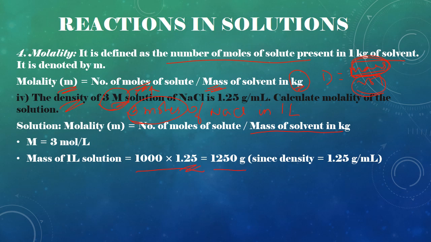So we know the mass of the solution, but that's not what we require. We require mass of solvent. So this solution has solute and solvent. If we want only solvent, from this we need to remove the mass of solute. Our solute is NaCl.